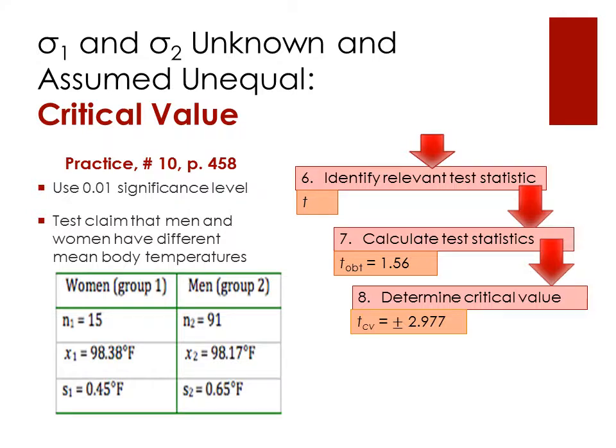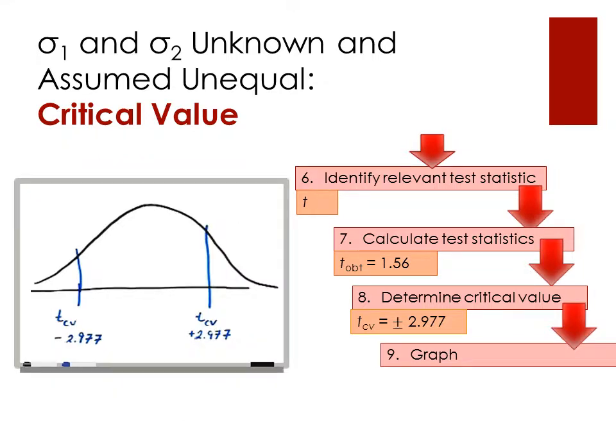Okay, so now we've got my T critical value. What is going to be my next step? What do I need to do now? I've got my T obtained, my T critical value. Well, I'm going to need to graph them out and assess the location of the test statistic, right? So here's my next step. I'm going to go through and do the graphing. And here's this graph written over here to the side. It's just something that looks like this.